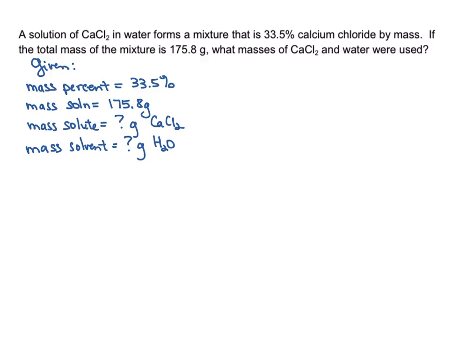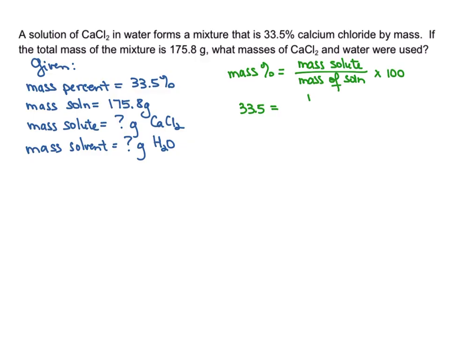All right, I have all of my given information, and since I have mass percentage, I'm going to go ahead and write down the formula for that. Mass percent is equal to the mass of the solute over the mass of the solution times 100. Since I have my mass percent, I'm going to go ahead and plug in some numbers.